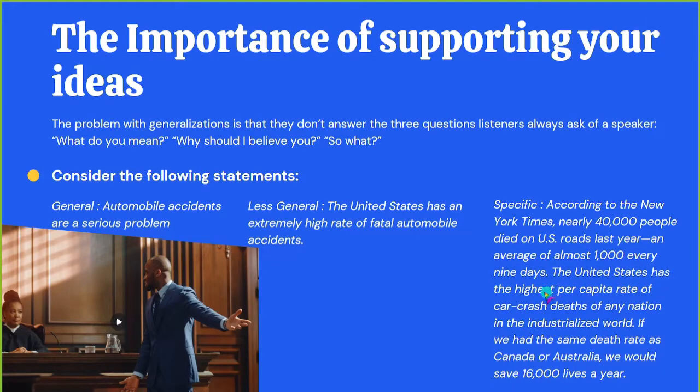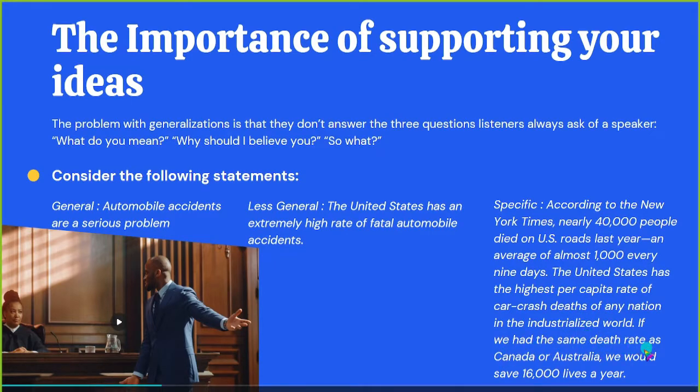The United States has the highest per capita car crash rate of any nation in the industrialized world. So they will realize that wow, this car crash rate compared to any other accidents in the industrialized world is the most highly rated. It is the main cause of people dying in the nation.